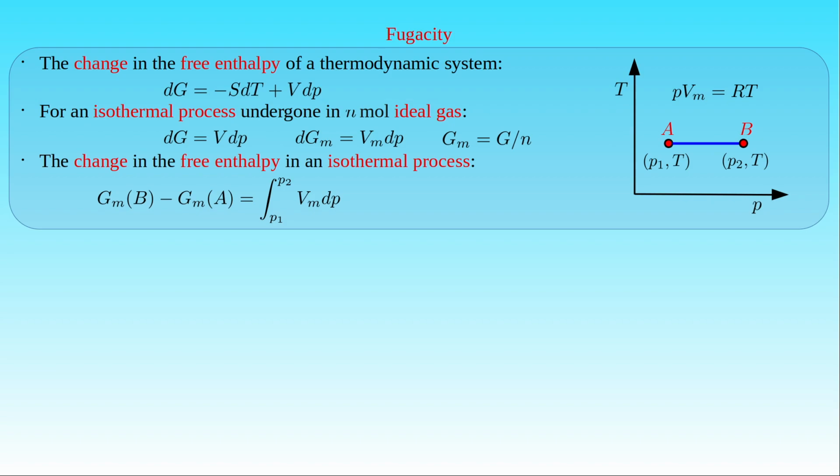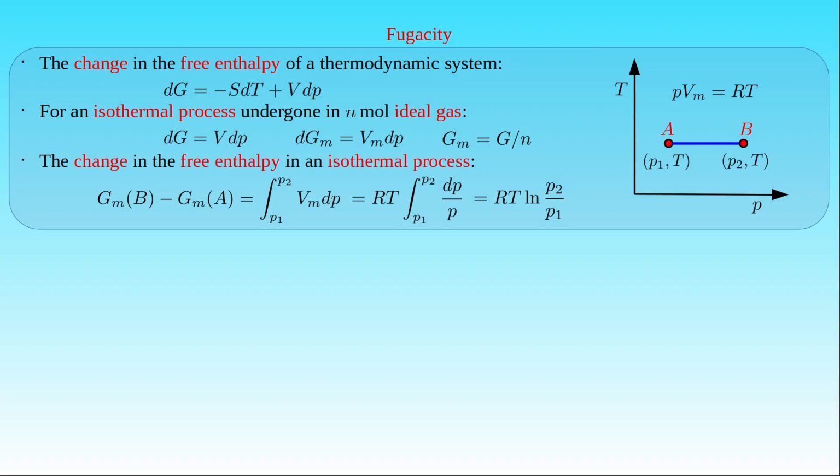By substituting the ideal gas law into the integral, we can write the right-hand side of the equation as R times T, times the integral of 1 over P with respect to P from P1 to P2. If we perform the integration, then the difference in the molar Gibbs potential between the final state B and the initial state A can be expressed by R times T times the natural logarithm of the ratio of P2 to P1.